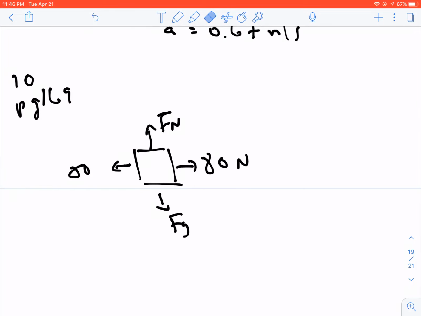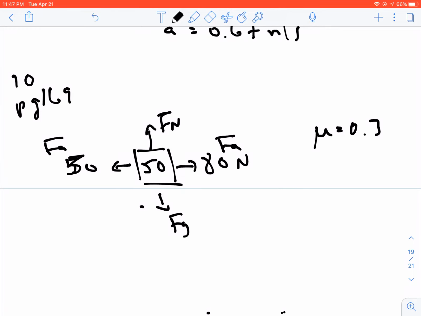Let's fix that up. 50 newtons. My stylus is not helping here today. And it's a 50 kilogram crate. Those are all my forces. This is an applied force. This is an applied force. We're told mu is 0.3.